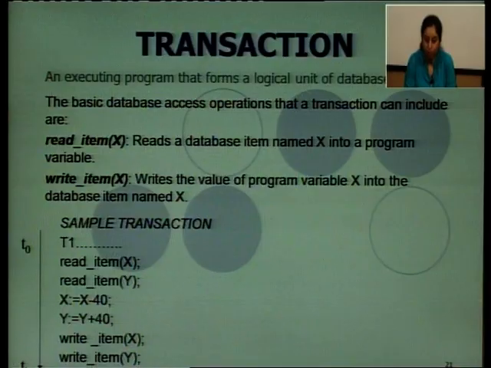Transaction T1 first reads the item X, and again reads the item Y. The operation is X equals X minus 40 and Y equals Y plus 40, then write item gives the output to the user: write item X and write item Y. This is a simple example of transaction processing, how a transaction works.